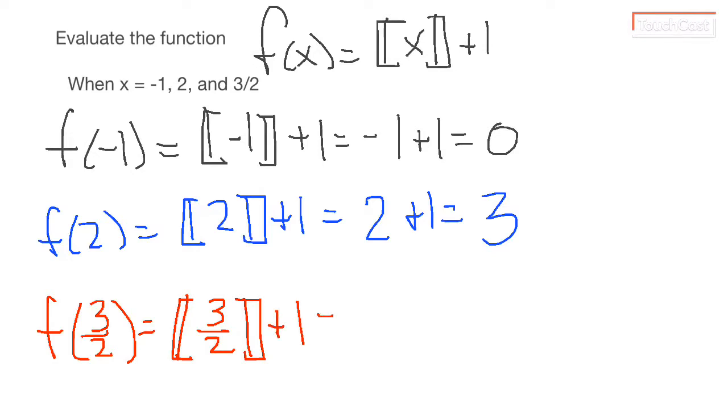Since 3 over 2 is equal to 1.5, exactly, the greatest integer close to but smaller than 3/2 is 1. And then we add 1 to that, and we're going to find that f of 3/2 is equal to 2. So that's not too scary, I hope, for you, evaluating a step function.